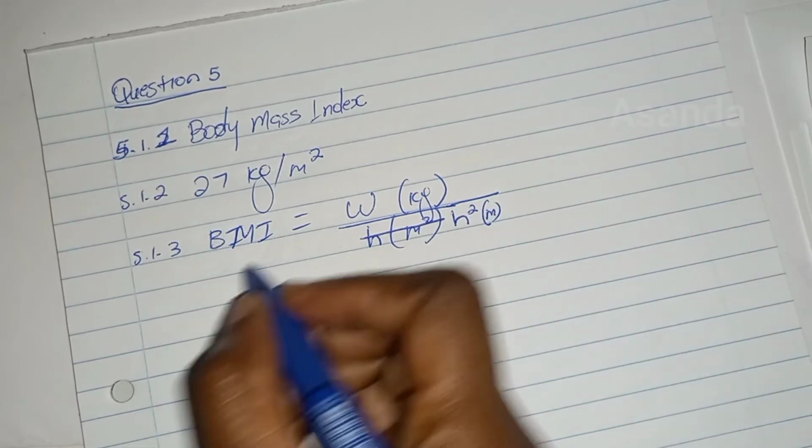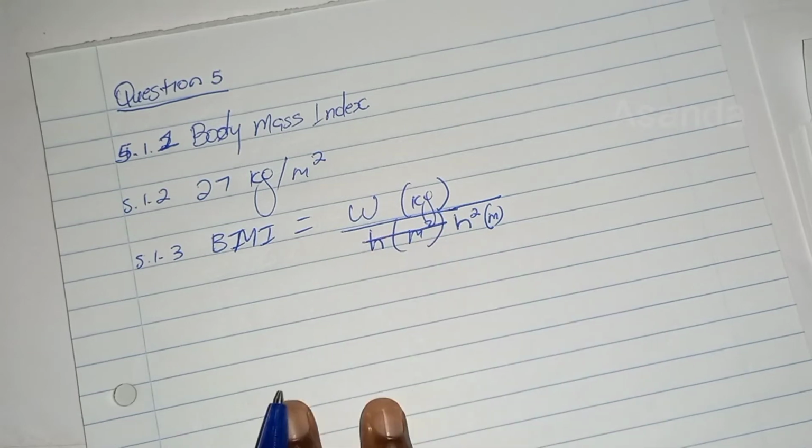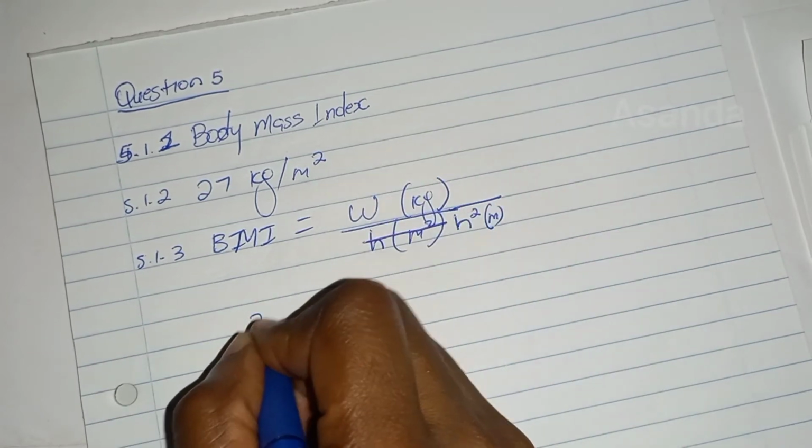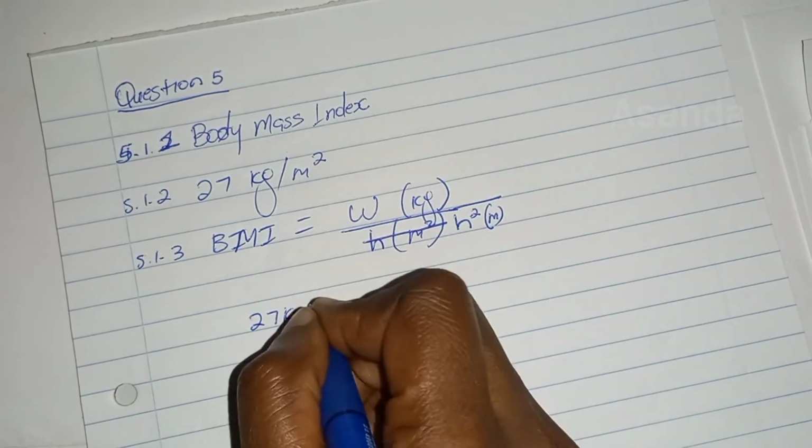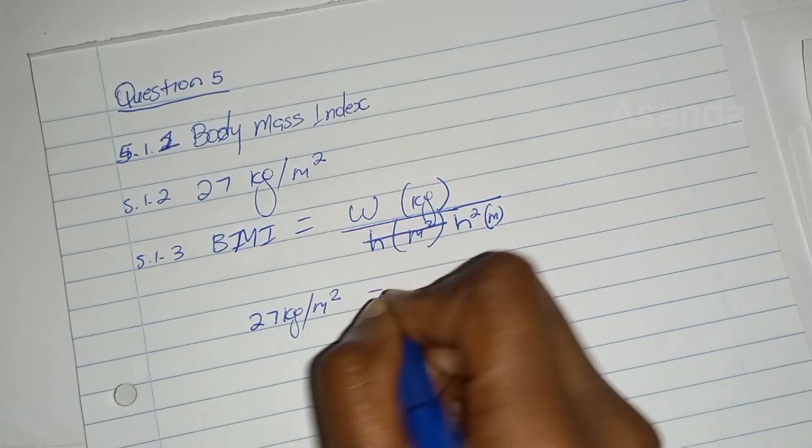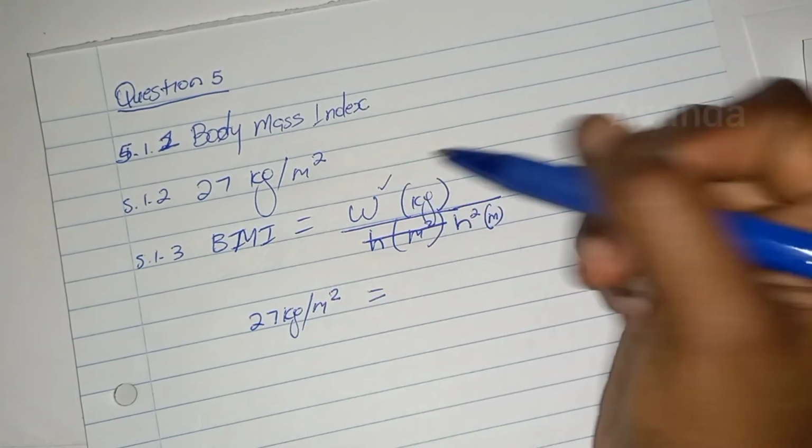Okay, so we have the BMI. The BMI is 27 kilograms per meter squared. Also, remember that the weight is what we're looking for.